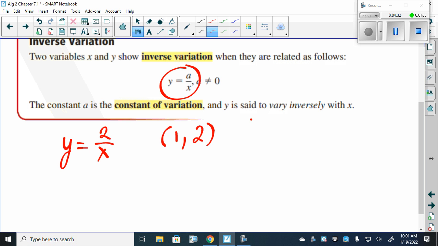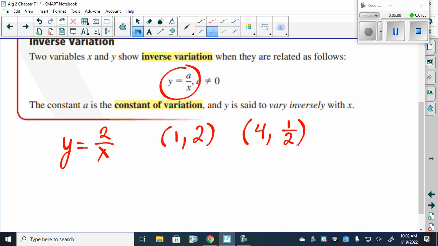Now, if we increase the x value, I'm going to increase it to 4 because it's going to be a little bit nicer number to look at. 2 divided by 4 is 1/2 because the 4 will be on bottom. And if we look from 1, 2 to 4, 1/2, the x value increased, but the y value decreased.